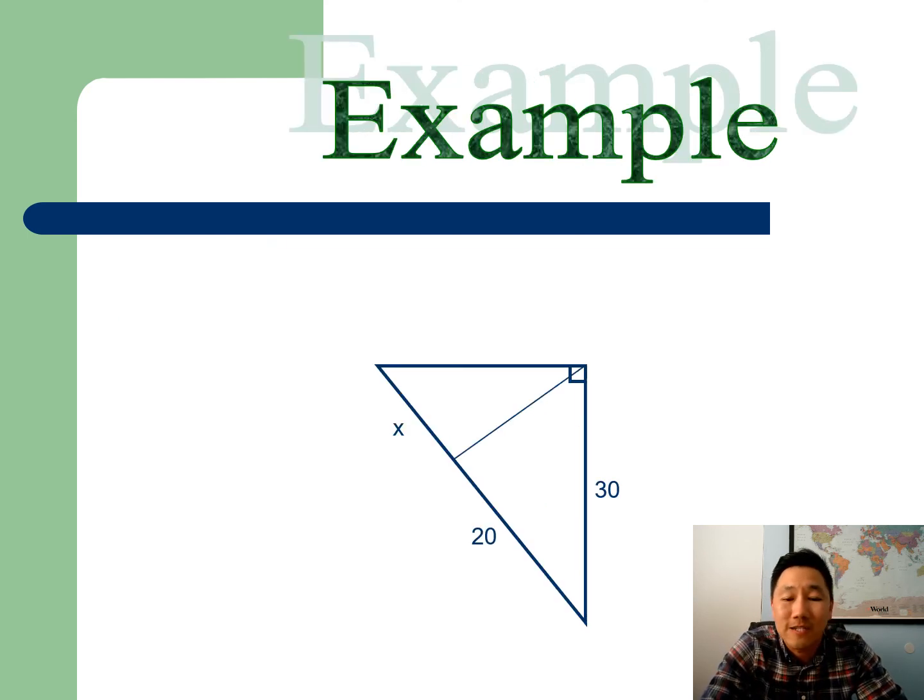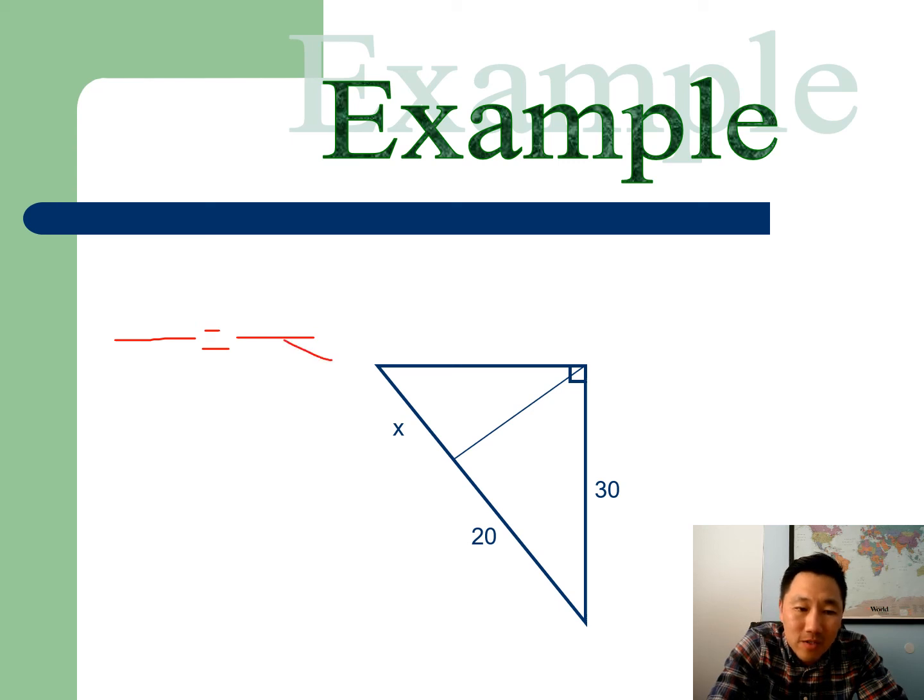So let's do it. Here we have an example. Instead of breaking it up into 3 separate triangles, we're going to use the shortcut to fill in the proportion. In this case, the number that goes here every time is always going to come from this corner, either here, here, or here.